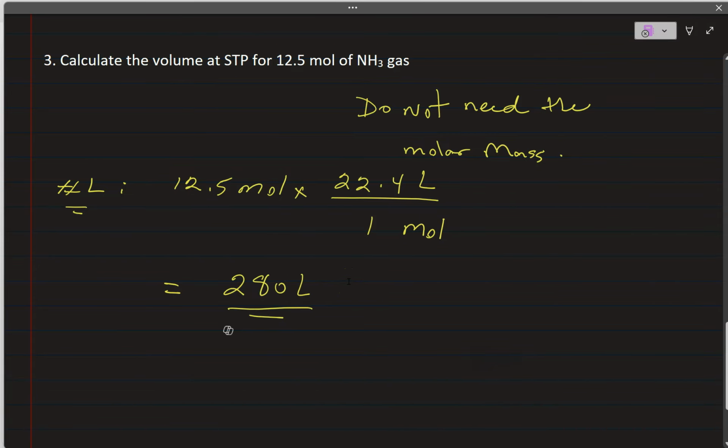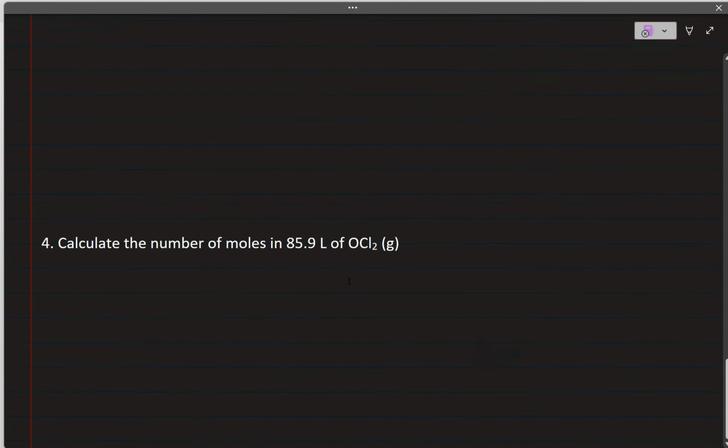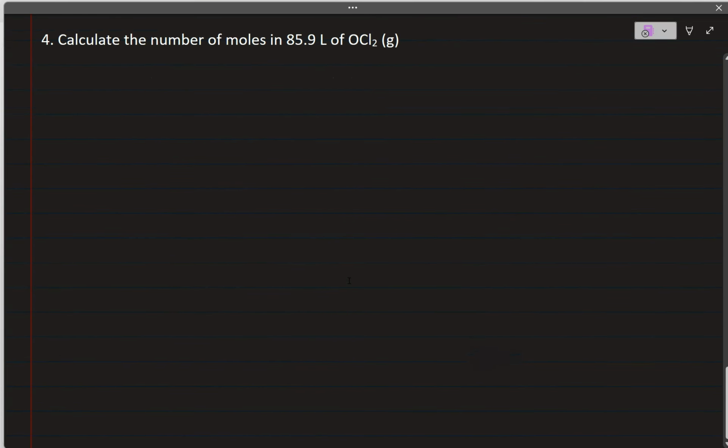Let's look at one more for this set. Calculate the number of moles in 85.9 liter of OCl2, the name is dichlorine monoxide, if you want to name that compound, the gas. All right, let's write it up. What do we need? We need number of moles.